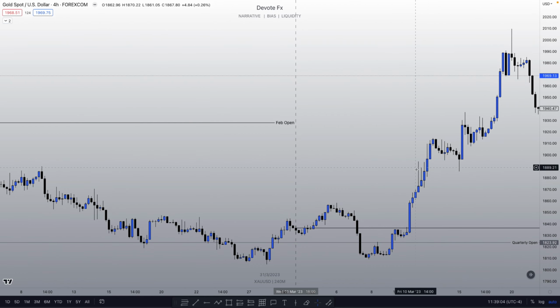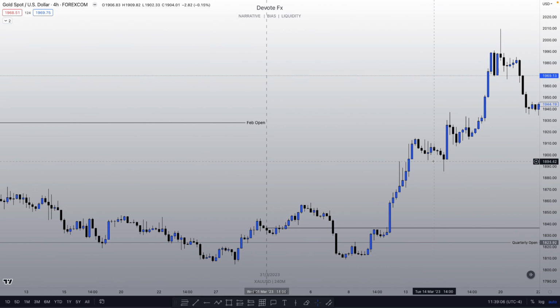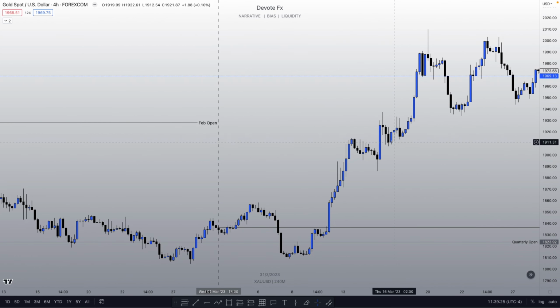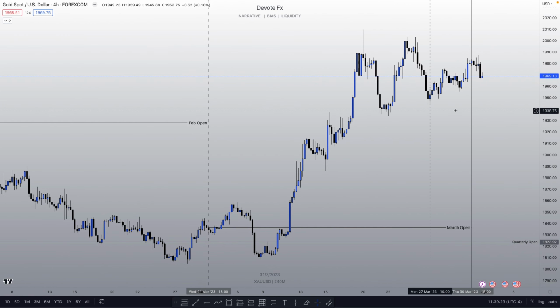On this time frame, this is also extremely sloppy, but sell side taken, buy side taken, dealing range 50, equilibrium, fair value gap, longs. And now price is just accumulating for the next move.